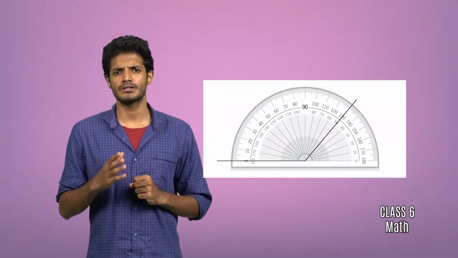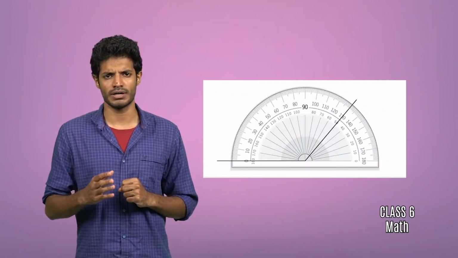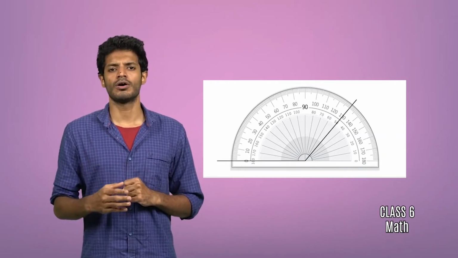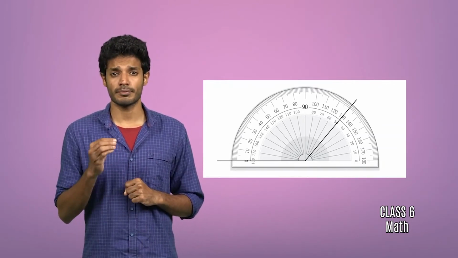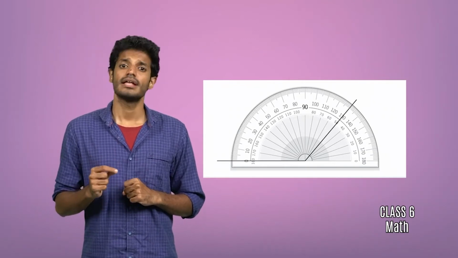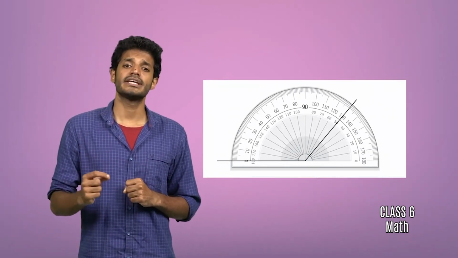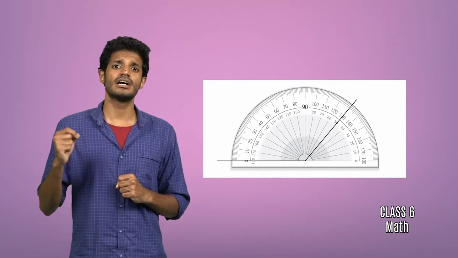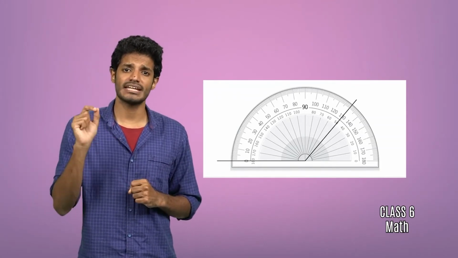Now, how do we use a protractor? If we have two lines at an angle to one another, we place one of the lines along the bottom line of the protractor, which is 0. Then we observe the other line in the diagram and note the number it's pointing at.